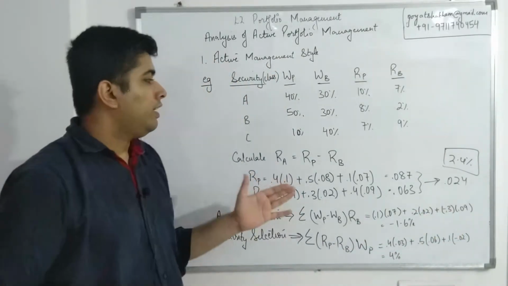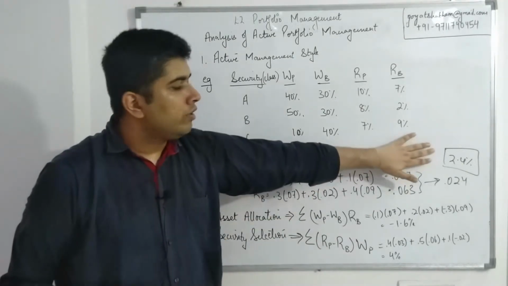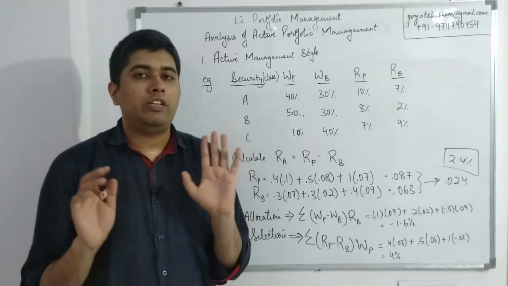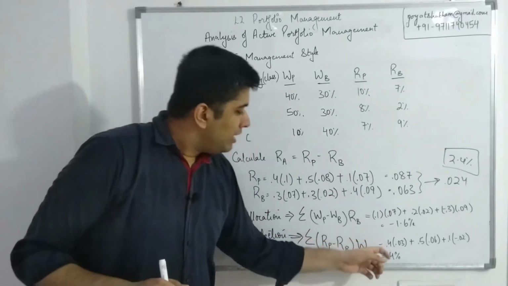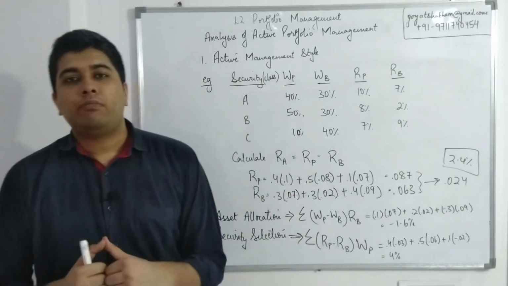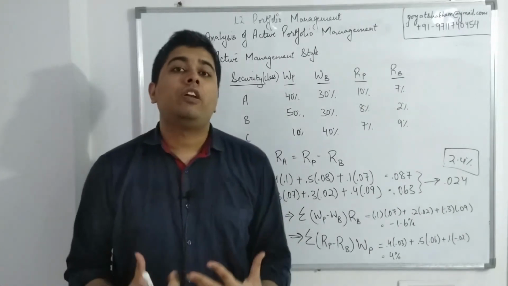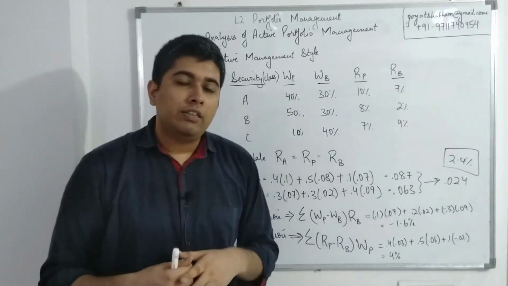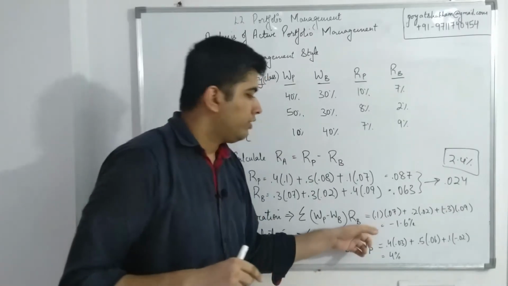Now, what this has shown me is that out of the 2.4% active return that I have earned, this much return more than the benchmark, my security selection is very good. 4% of additional return was earned mainly due to my security selection, but there is room for improvement in asset allocation.